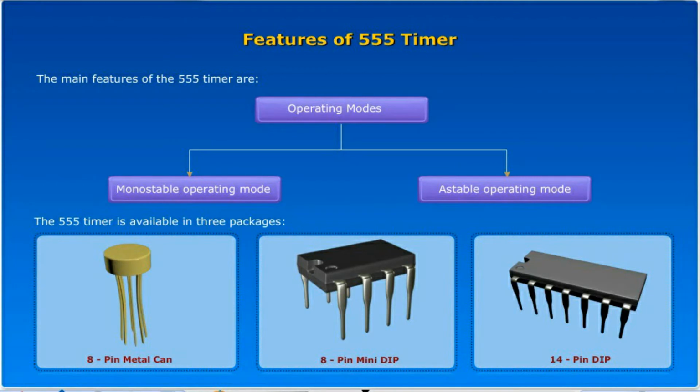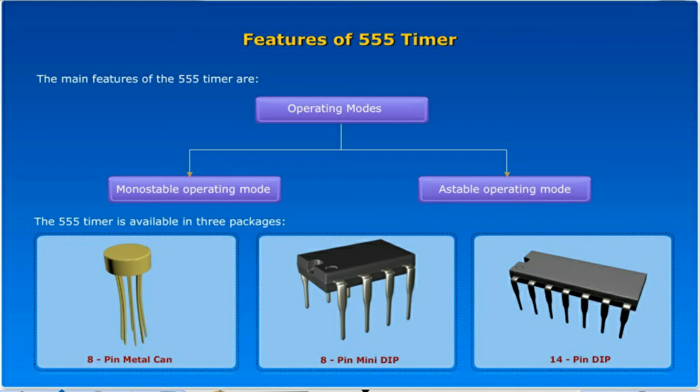Features of the IC555 timer. The main features are the operating modes. The IC555 timer operates in 3 modes: monostable operating mode, astable operating mode and bistable operating mode. Next, the 555 timer is available in 3 packages.